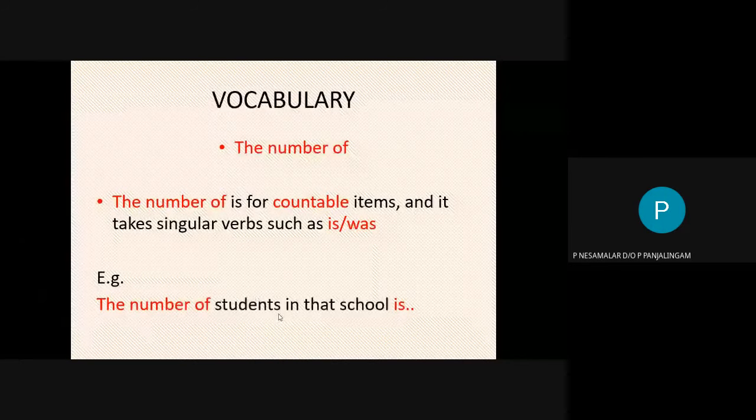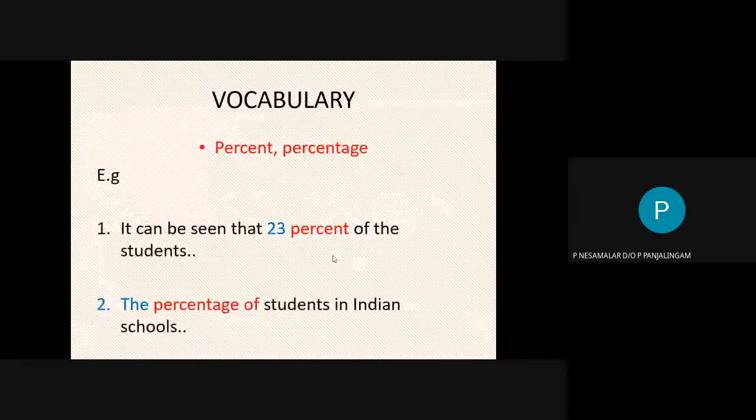But because of this phrase, the number of, the grammar rule in English is that you need to use a singular verb.